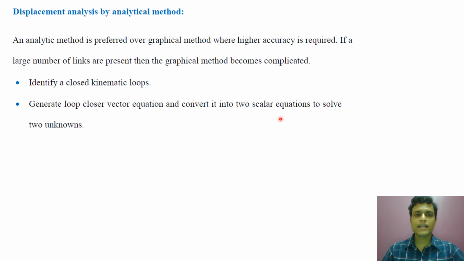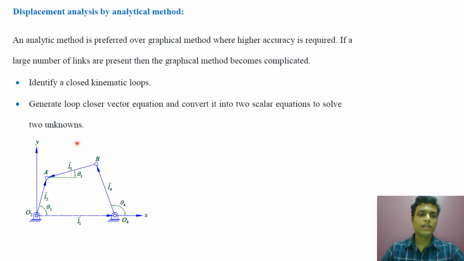So let us take an example, and here we will take an example of a 4-bar linkage. O2AB04 is a 4-bar linkage on which we are going to apply the analytical method to find out its displacement, that is the position of all links.